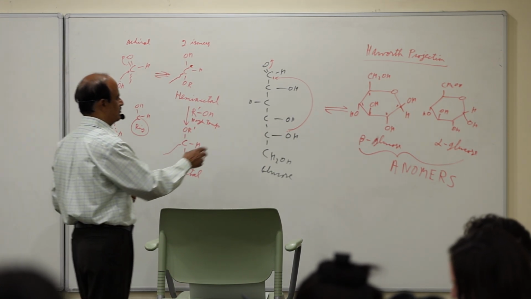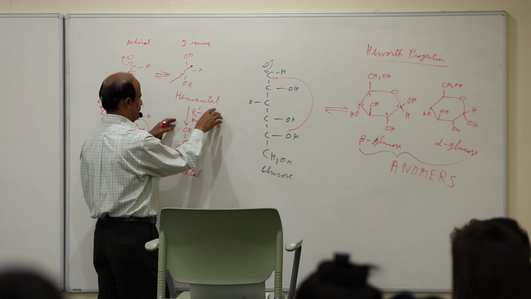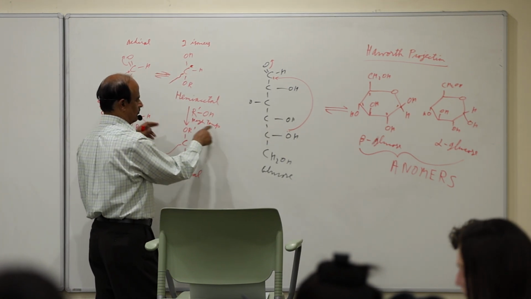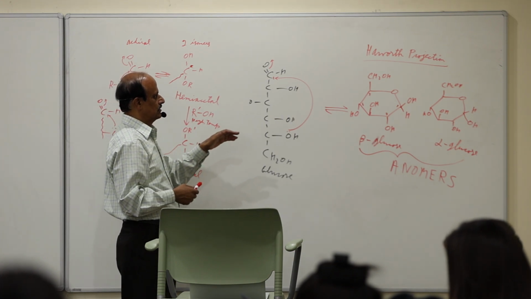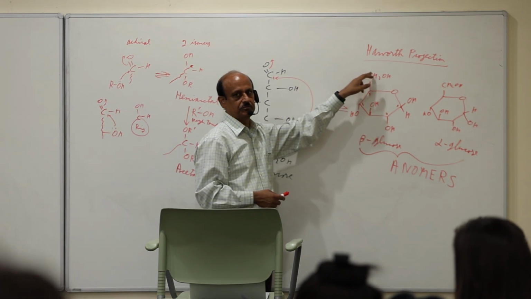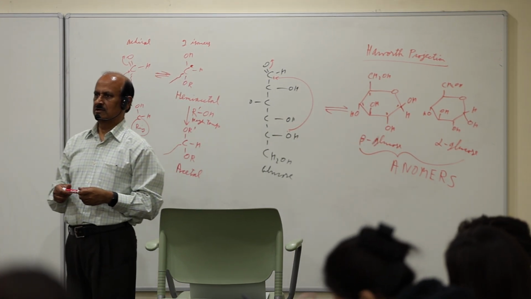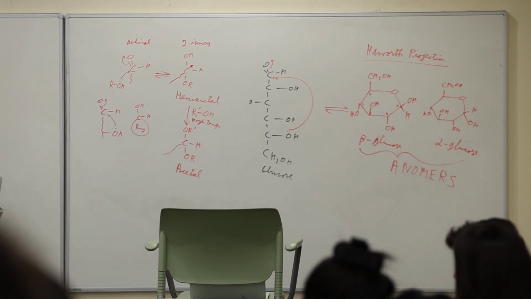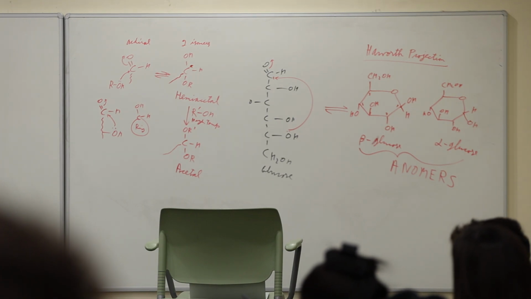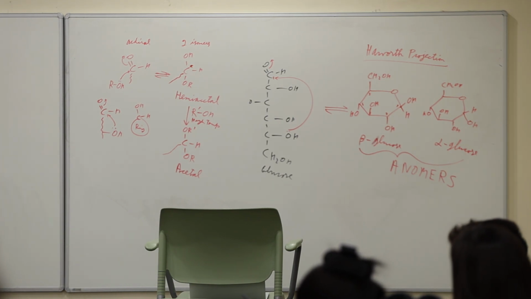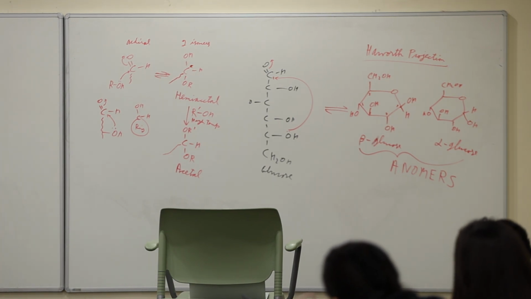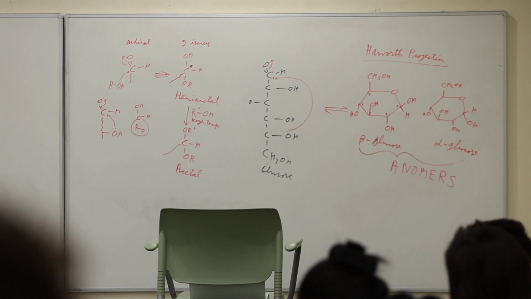In other words, if you take glucose and do this reaction with any alcohol at whatever conditions are needed, out of so many OH groups, which is the one that will form the ether linkage to the alcohol? It will be the carbon 1. The anomeric carbon is the most reactive carbon in glucose, and that is the one that reacts. That is also called the reducing carbon because it is very easily oxidized.